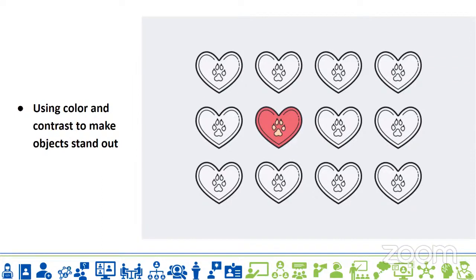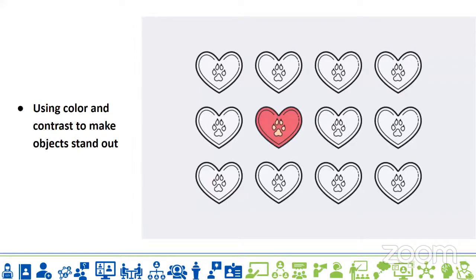We have 12 elements here. The second one on the second row has a different color, and that's the first thing we saw. Why? Because it is outstanding. So that's the first thing our eyes went to.